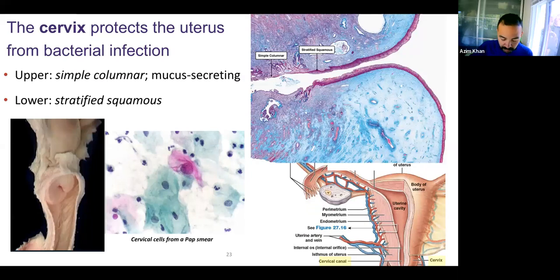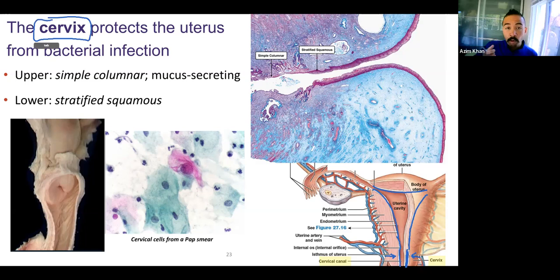Take a look at the bottom right. You can see that I'm tracing the uterine cavity, so the space of the uterus. The very end down here, it narrows down. It's neck-like. The word for neck is cervical or cervix.